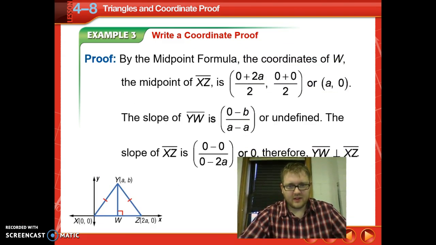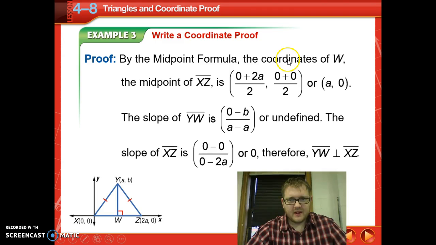By the midpoint formula, the coordinates of W are going to be halfway between X and Z. So that midpoint formula, if you remember, is you take your two x values and divide by 2. My two x values would be 0 and 2a over 2.